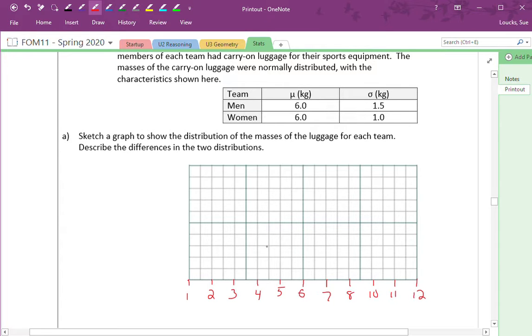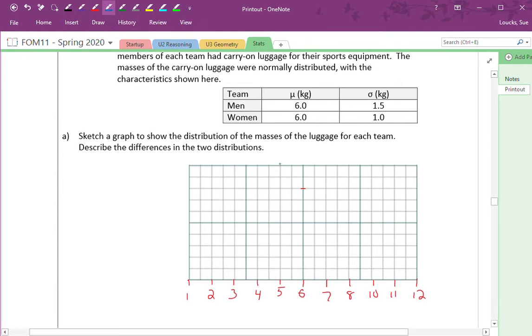And the women's curve has got a smaller standard deviation, so its peak is going to be higher, and I'm just arbitrarily saying that it's going to be here. I don't really know where it's going to be because I don't have a picture in my head of what the different curves look like, but what I do know is that the men's peak is going to be lower than the women's peak. So I'm going to do the men's peak in blue.